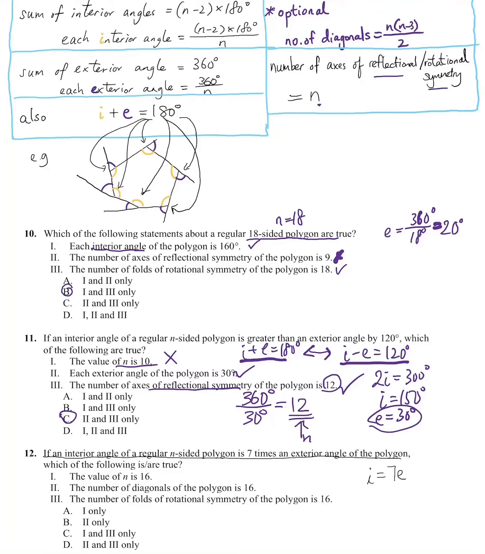So they gave you the relation I is equal to 7E, but we always know the other equation, that I plus E is always 180. So that's one equation that I have in my hand, and we can convert this equation also into the form of the two unknowns on one side and the number on the other side, so that we can use our program number 1.